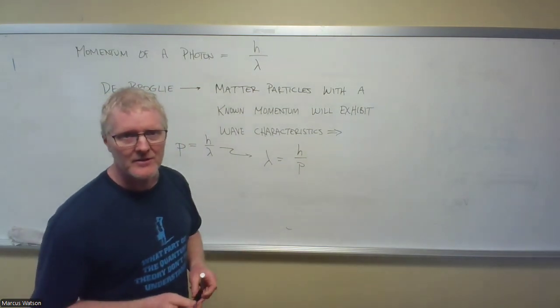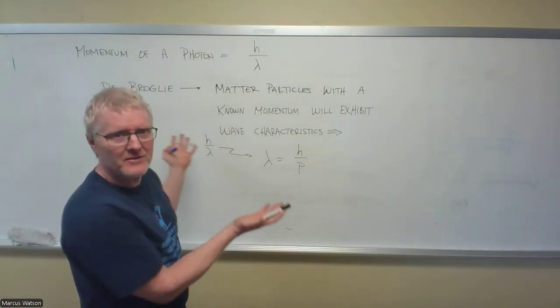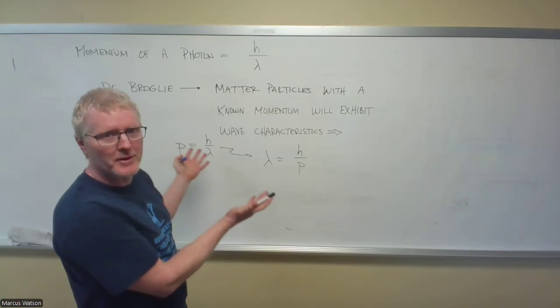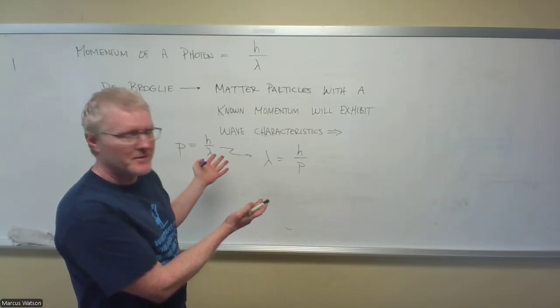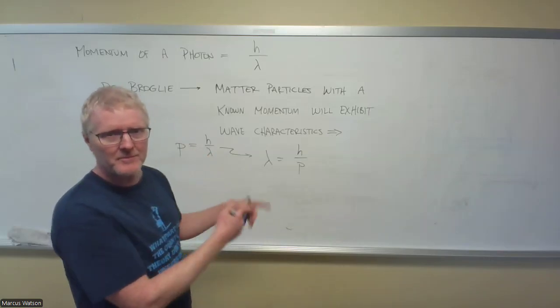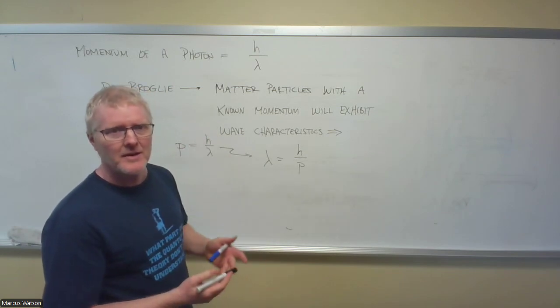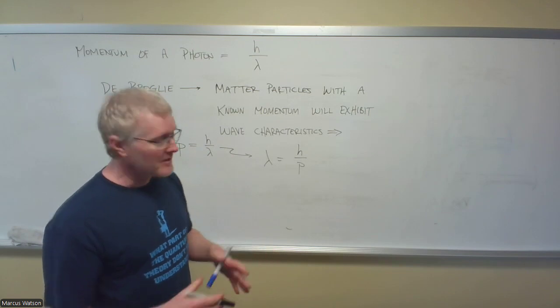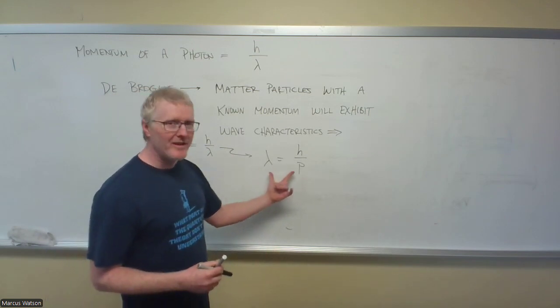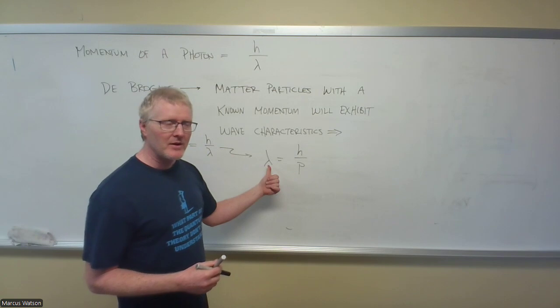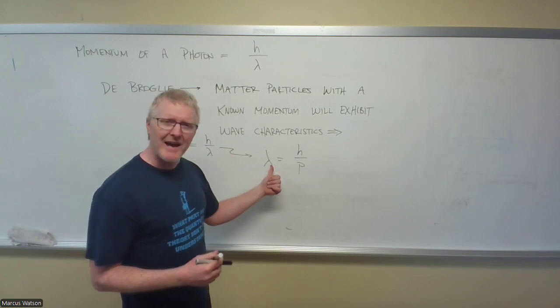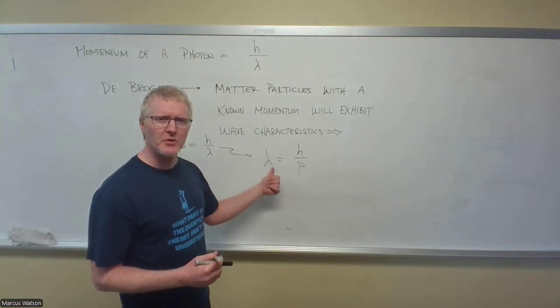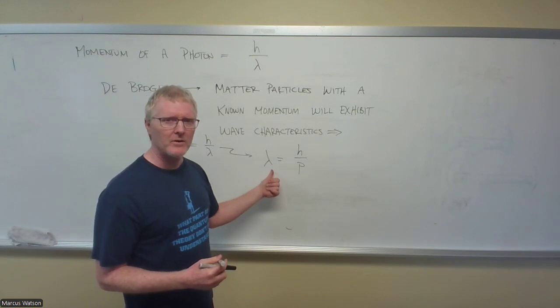Mathematically, this is something that fourth graders would do, right? All I've got to do is swap that and put that in. Okay, great. But physically, think about what this means. This is telling you that things with momentum will have a wavelength associated with them somehow.